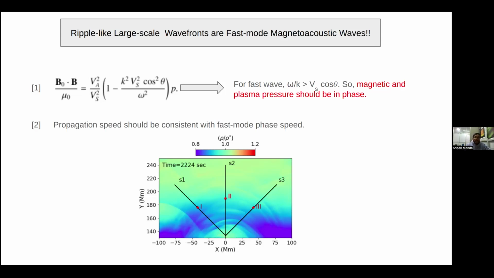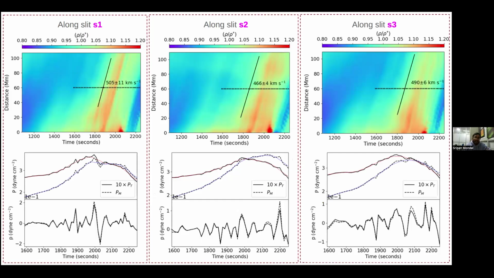To examine these two conditions, we have taken three slits in three different orientations, let's say S1, S2 and S3. Also we have taken three different locations along these slits, that is 1, 2 and 3. Now we have extracted the time distance diagrams along these slits, which show outward propagating wave fronts in the form of tilted ridges, and we see that the propagation speeds come to around 500 km per second.